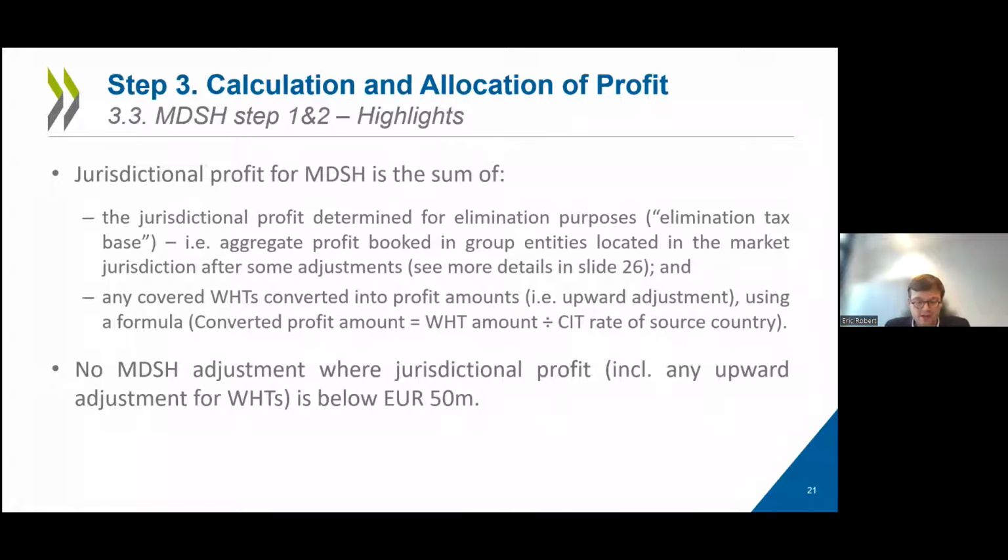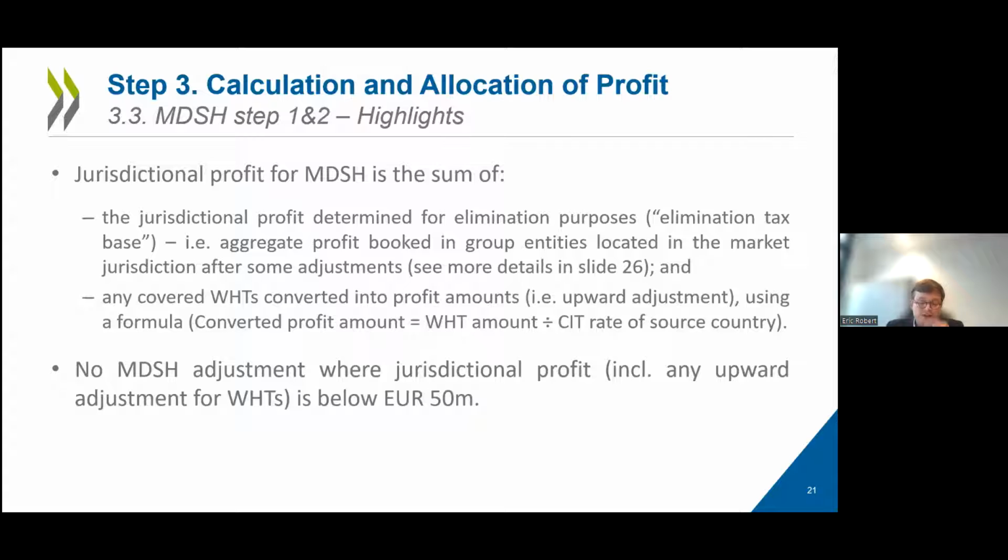So to summarize, in a scenario where the market jurisdiction has both locally booked profit of a multinational, because there are some local subsidiaries which are taxable in that country, but also collects withholding taxes on some cross-border deductible payments, whether these payments are intra-group or third-party payments, by the way.